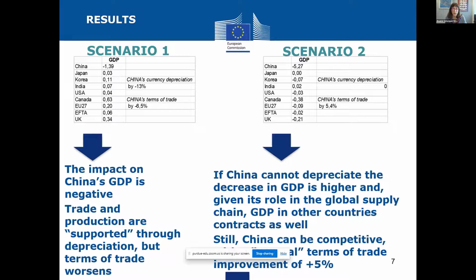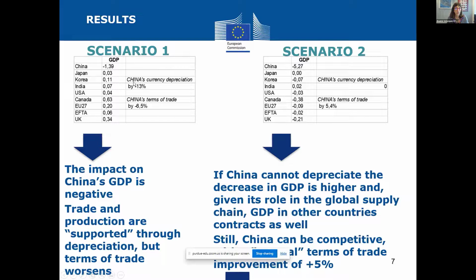Here are some of the results. Well, you will see that we have quite a strong disaggregation for manufacturing sectors, of course, and we have the main world actors here. What are the results from this first scenario, in which we assume that China eliminates the subsidies as they were estimated? We have a rather small decrease in China's GDP, and a slight decrease in other partners.